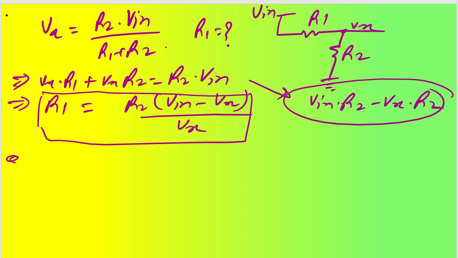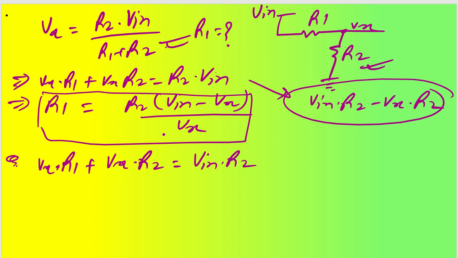Now let us say we have to find R2, not R1. We will again calculate from the same formula. Vx into R1 plus Vx into R2 is equal to V in into R2. From here, can I take R2 common?